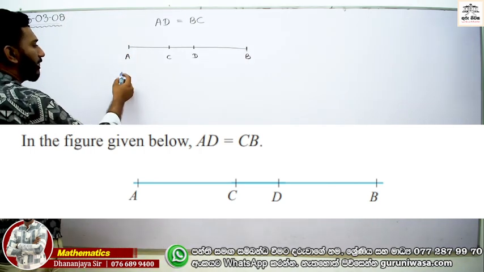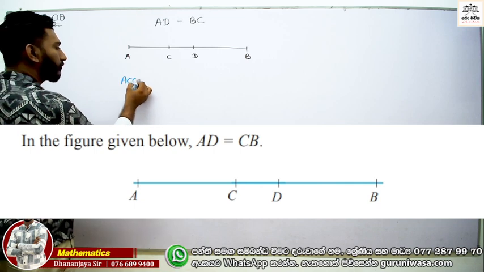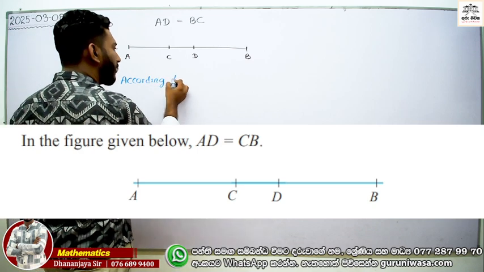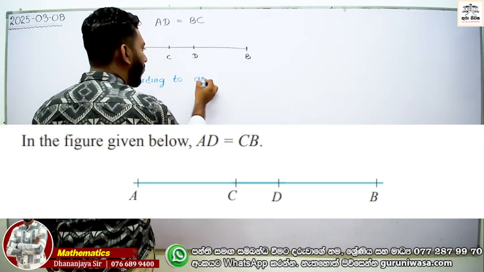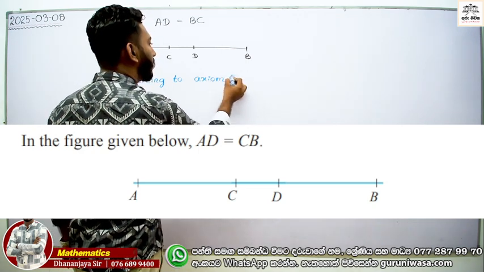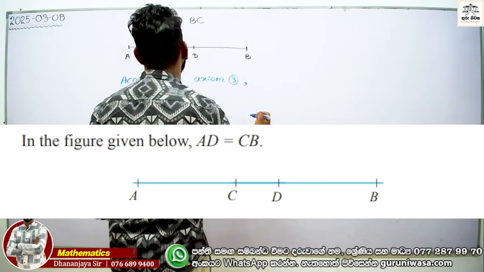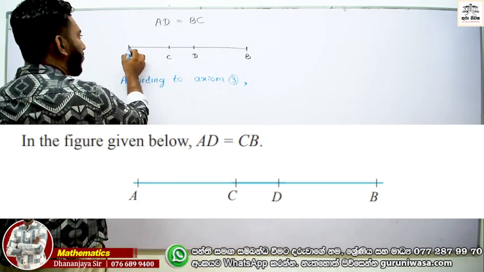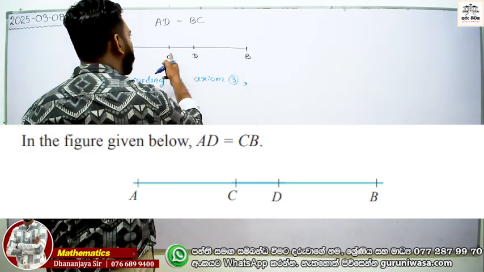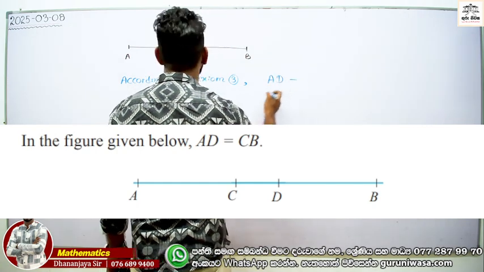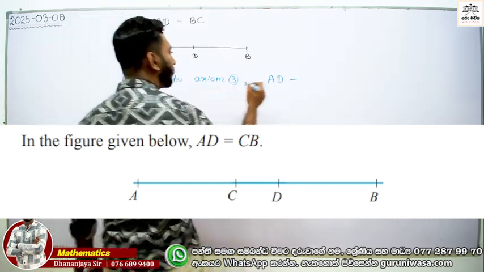According to axiom number 3, now we can write AD equals BC, right? Look at that. Now I am going to subtract CD from AD.